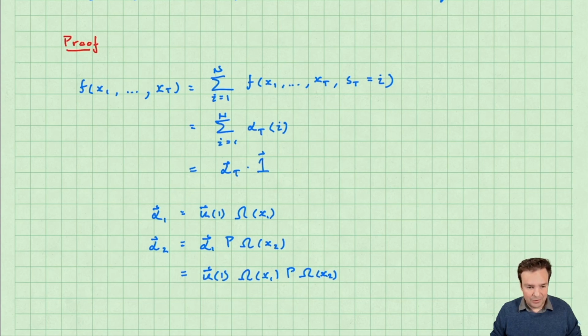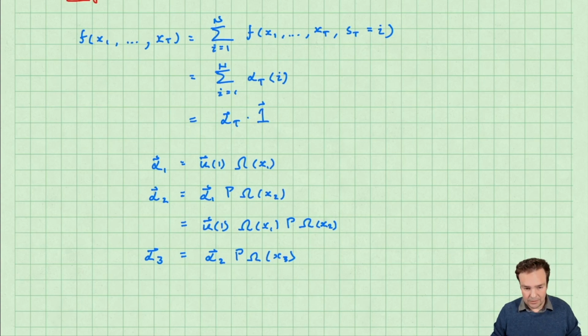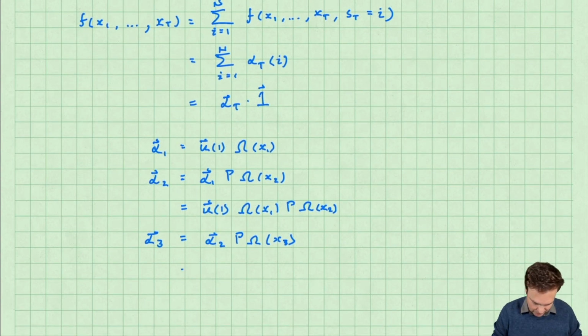And so we just keep building this up. Alpha 3 is alpha 2 times P times omega at x3. If you substitute in the previous line, you get u1 omega x1 P omega x2 times P omega x3.